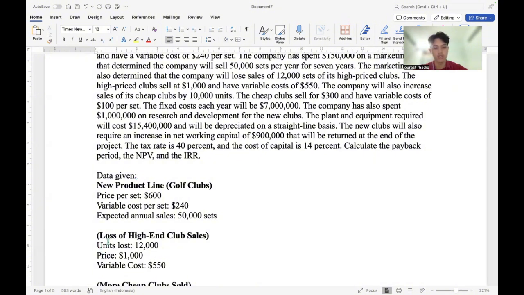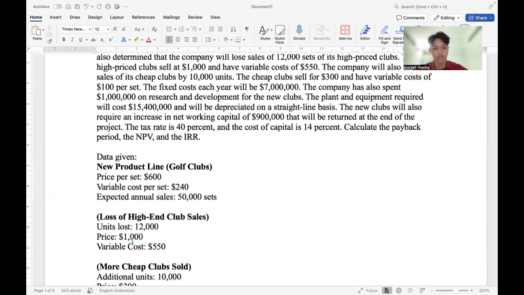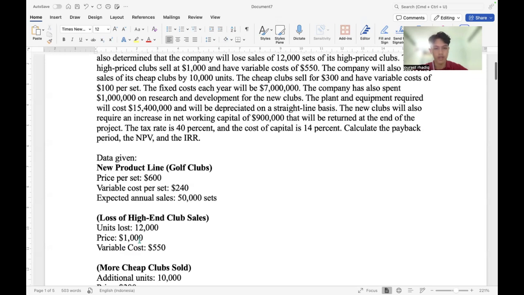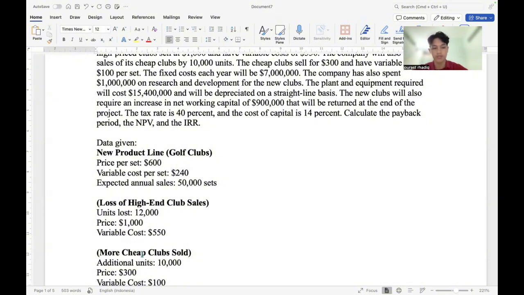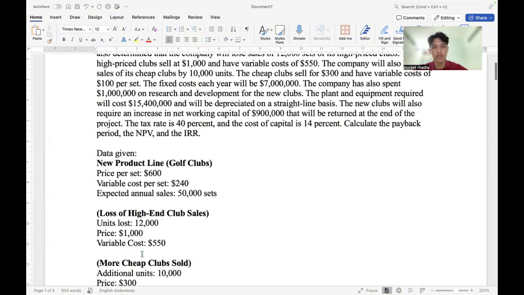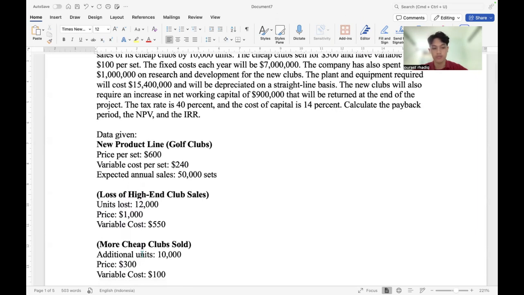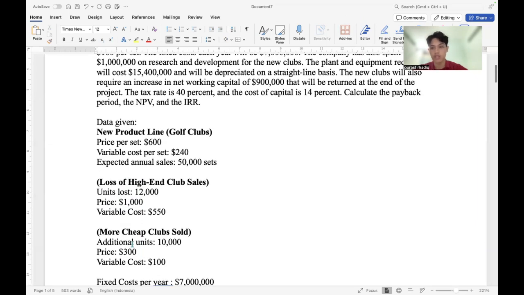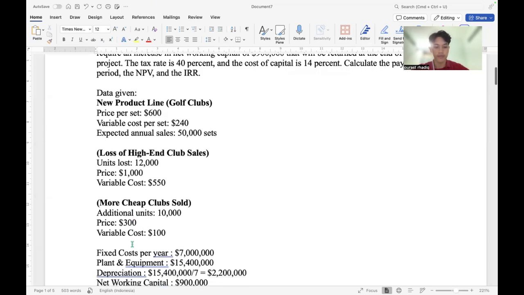So the unit loss for the high end is 12,000, with the price that they sell at 1,000, and their variable cost to make is 550. And the second line that they already have is the cheap clubs. They plan to sell 10,000 more of the cheap ones, with the price of 300 and a variable cost of 100.